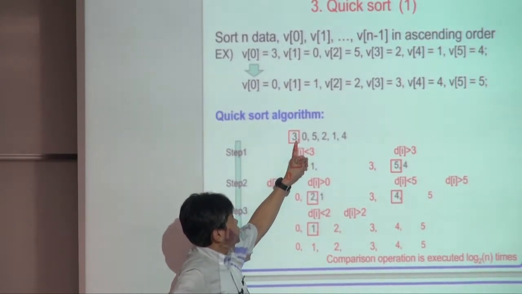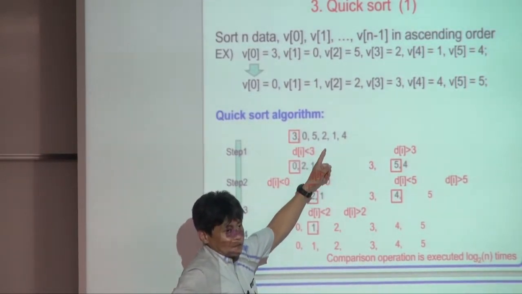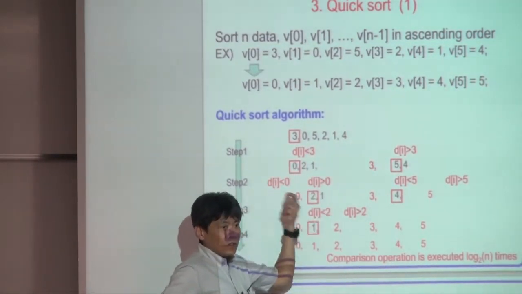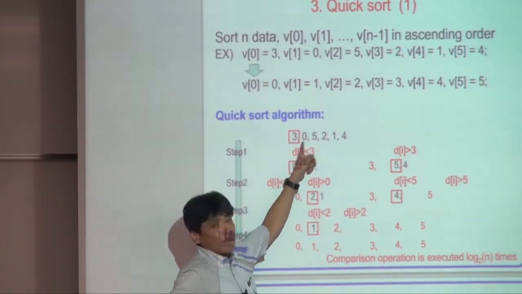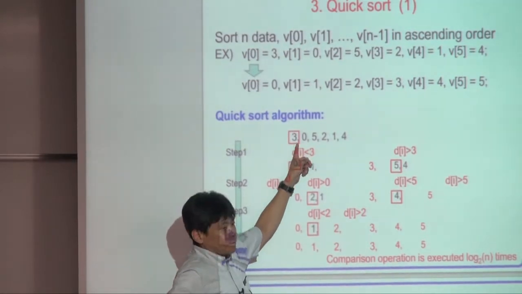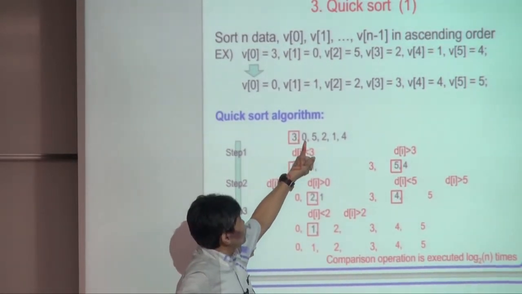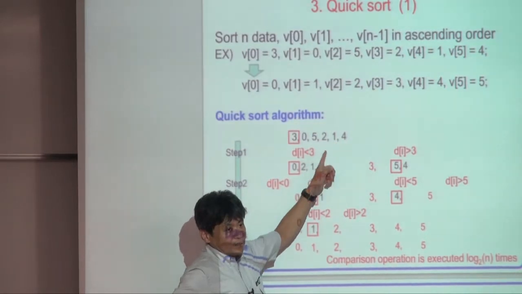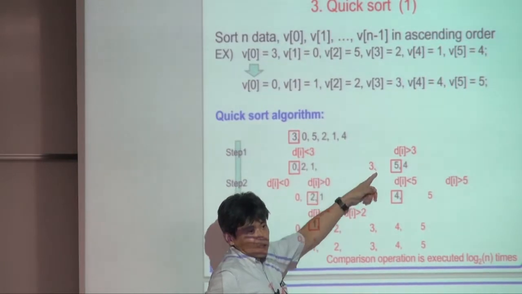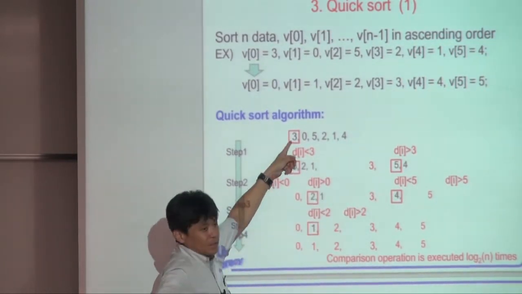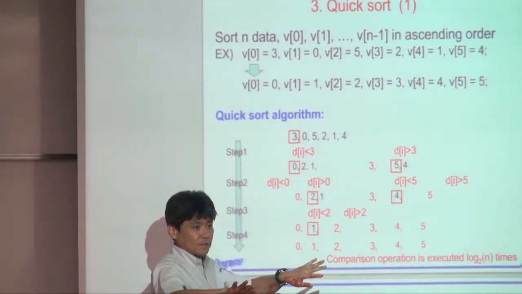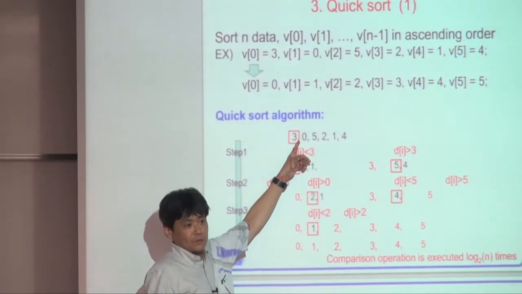Then you have to check whether the remaining data is smaller or larger than the first element. In this case 3 is selected, so 0, 2, 1 are less values, and 5 and 4 are larger values than 3. So you can divide into 2 groups by the first element.